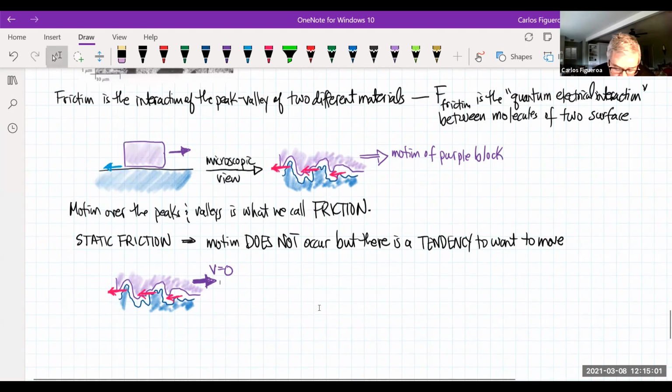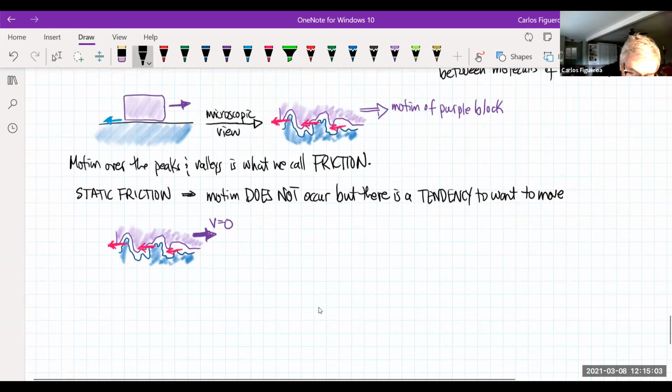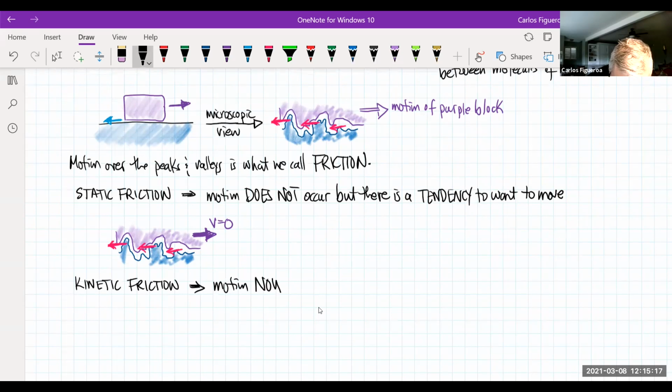And when you deal with kinetic friction, this clearly has motion, which now occurs.